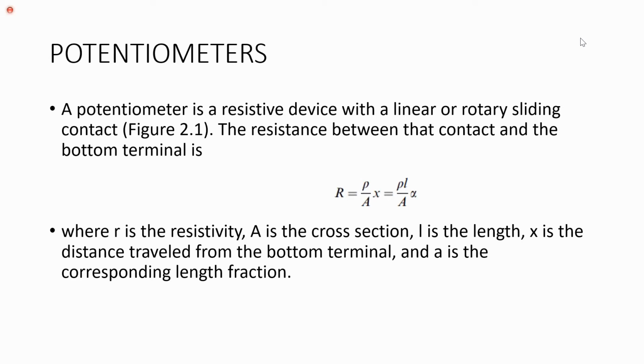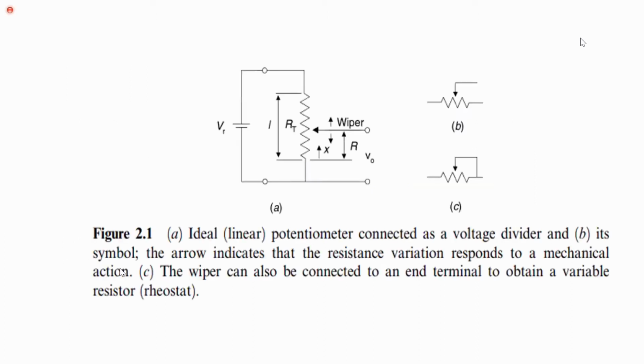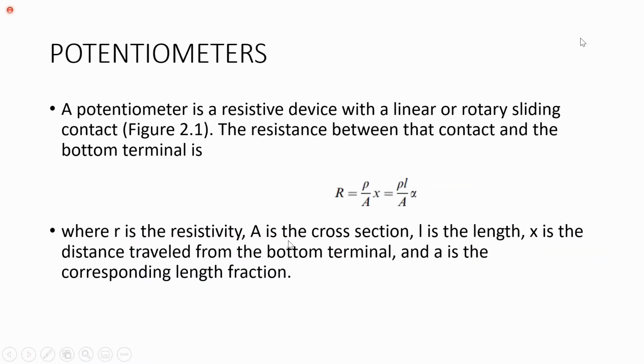So potentiometer is a resistive device with linear or rotary sliding contact. Here we have a linear potentiometer.